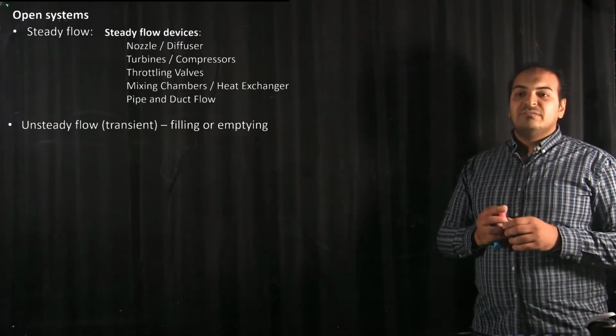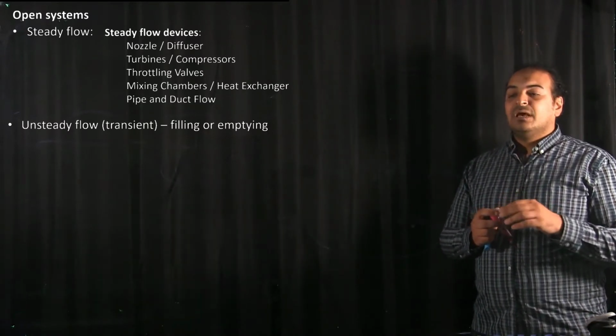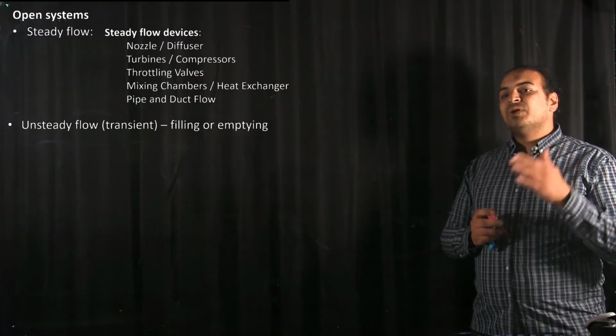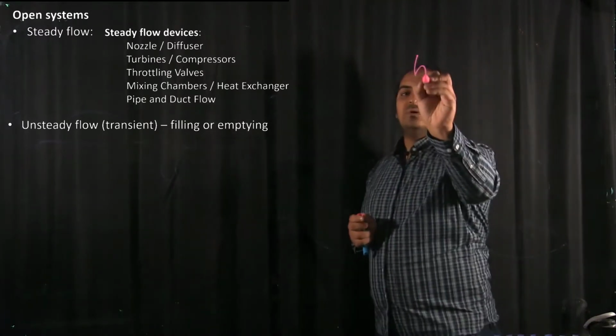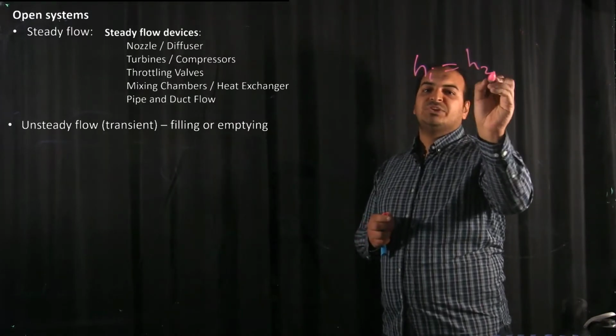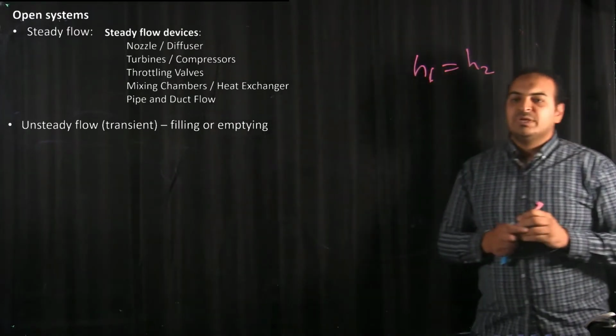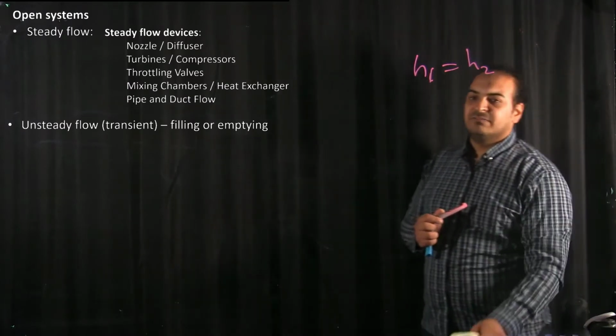For a throttling valve, this is exactly the same idea, but in a throttling valve we decrease the pressure of the flow. So we have simply H in equals H out, H1 equals H2. That's it. We have H1 equals H2 through a throttling valve.